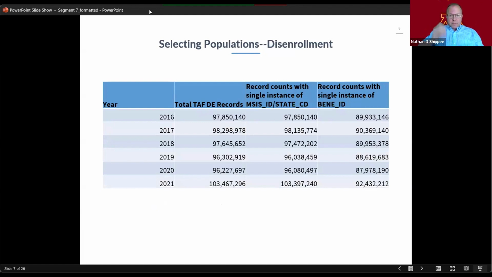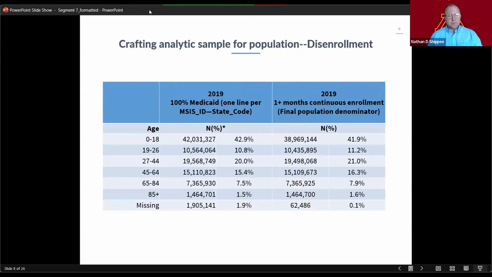And so we were staying in the DE record, but using a combination of both MSIS ID and state ID and comparing that to Benny ID, finding that the record counts with a single instance of Benny ID were a lot of help in addressing the possibility of duplication of records to begin with. So we were comparing the use of different approaches to identifying individuals and finding what was the best starting point, with Benny ID being useful there.